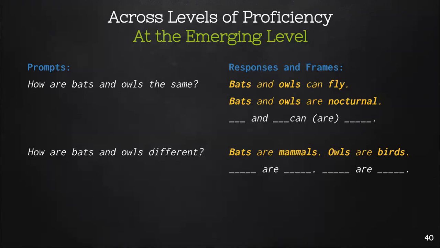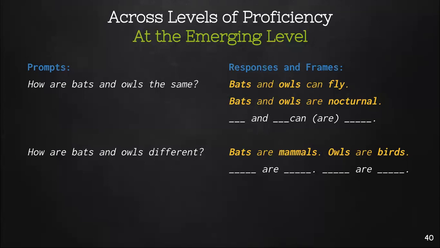Now the bolded words are most likely on that vocabulary chart that goes with the content that they're focused on. And the other ones are the ones that they have to use if they're going to make sense out of and organize the ideas that they know. Oftentimes in the past, we accepted simple words, a one-word answer from students. So how are bats and owls the same? Fly.